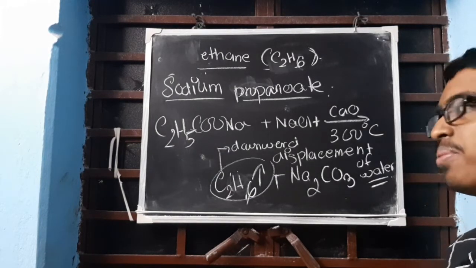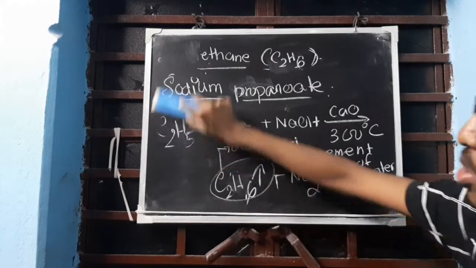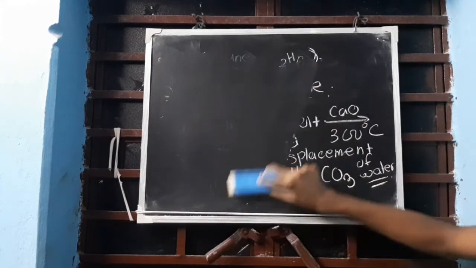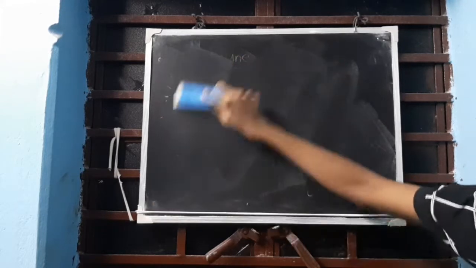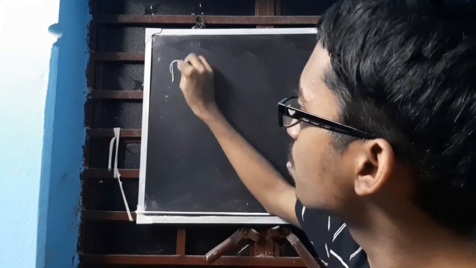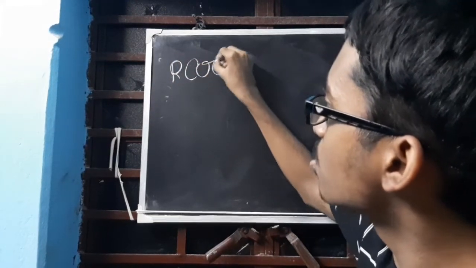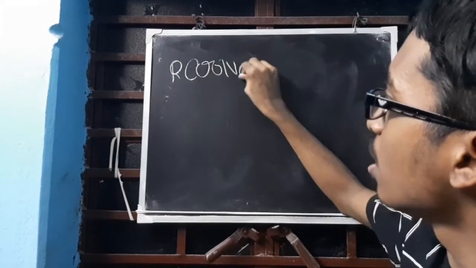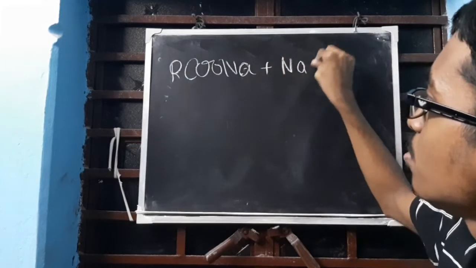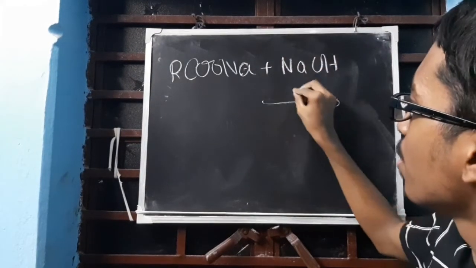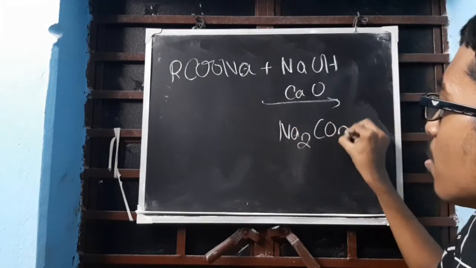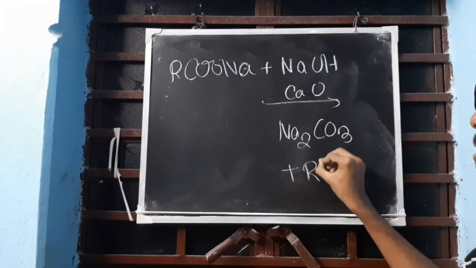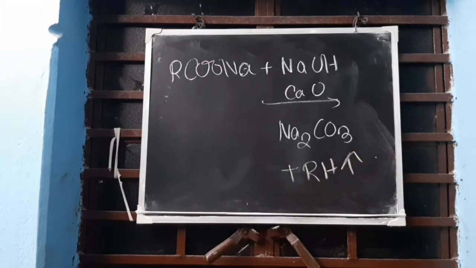Methane from sodium ethanoate. Now if you are forgetting how to remember this reaction, the shortest way is to substitute this particular part with R and assume it like this, because the rest will remain the same.